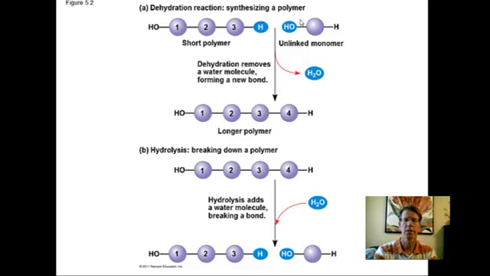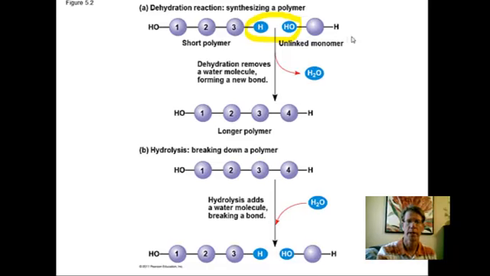So here's the key. We have a short polymer, or maybe it's another monomer, and we want to link to it another part of the chain. Could be another monomer, it could be another polymer. I mean, we don't have to just put monomers together.